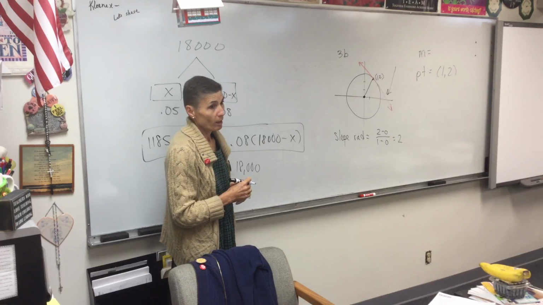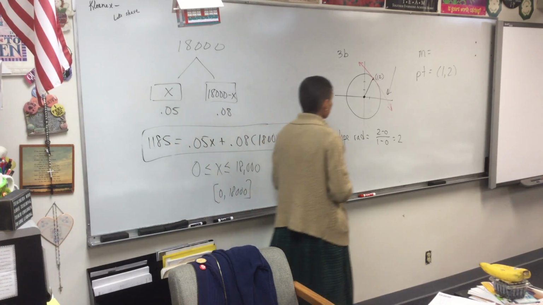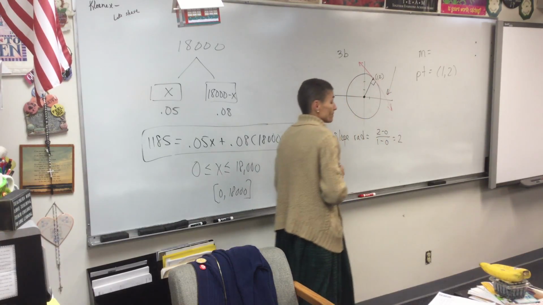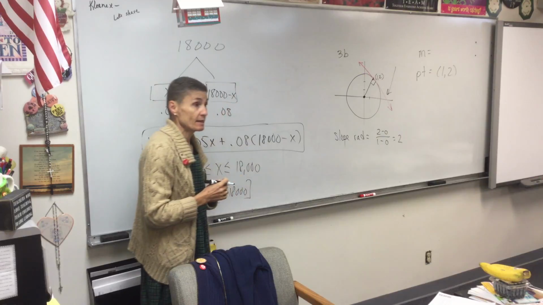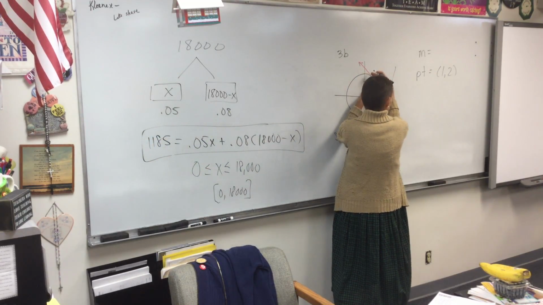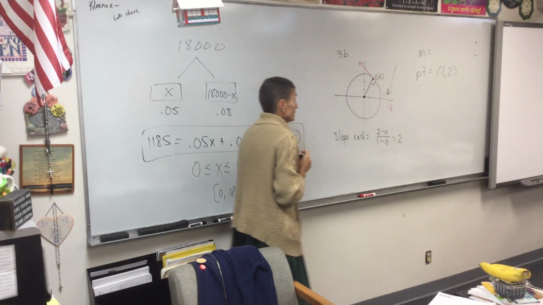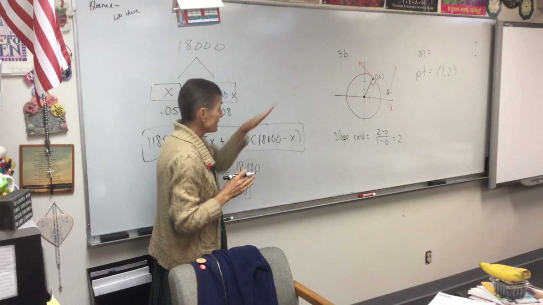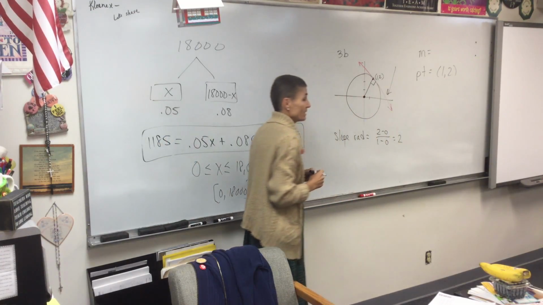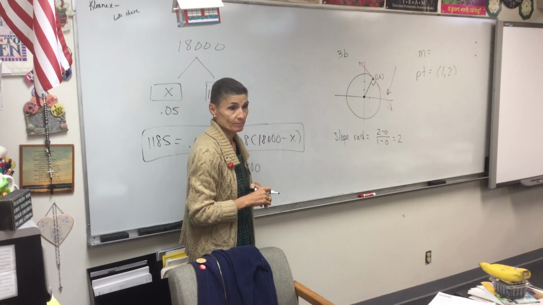Now, in order to do the problem, you have to remember something from geometry. You have to remember that these are perpendicular. There's a theorem that says a radius and a tangent are perpendicular at the point of tangency. Now, how does that help me?